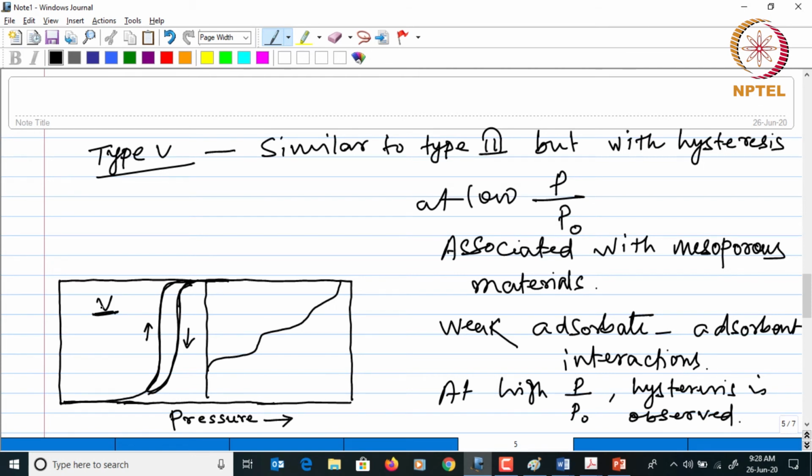Then we have this type 6 here. Type 6 isotherm is typical for multilayer adsorption on materials which have highly uniform non-porous surfaces.